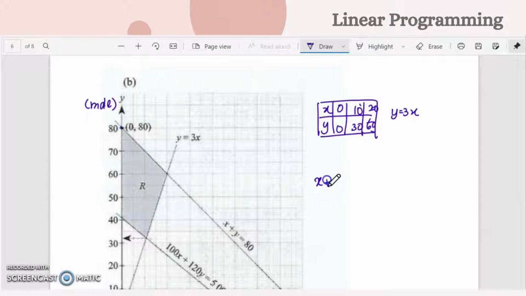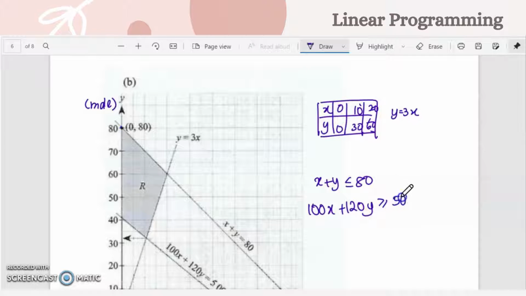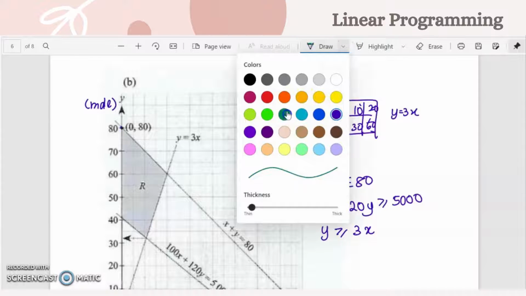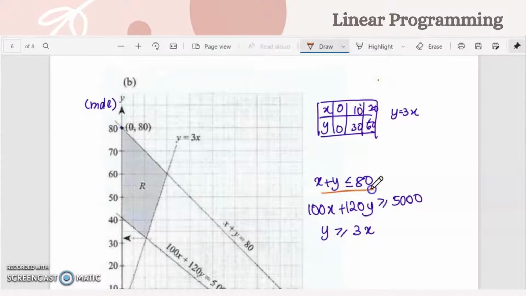So for the first one is less than equal to. Okay, X plus Y less than equal to 80. Okay, 100X plus 120Y greater than equal to 5,000. Okay, and then Y greater than equal to 3X. Okay, so we do the part of this one which is less than equal to, so kita akan shade pada bahagian bawah lah. Okay, this is under the line.